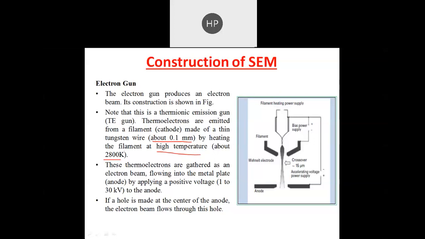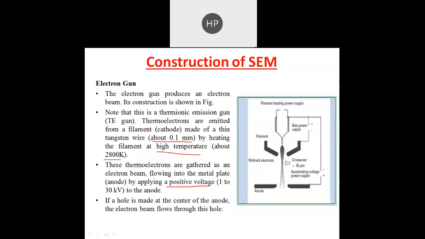These thermoelectrons are gathered as an electron beam and flow into the metal plate which is termed the anode.